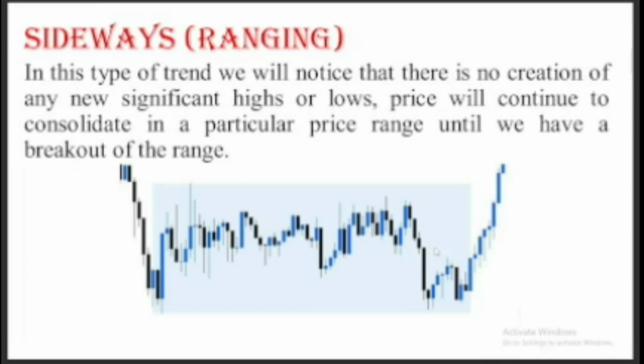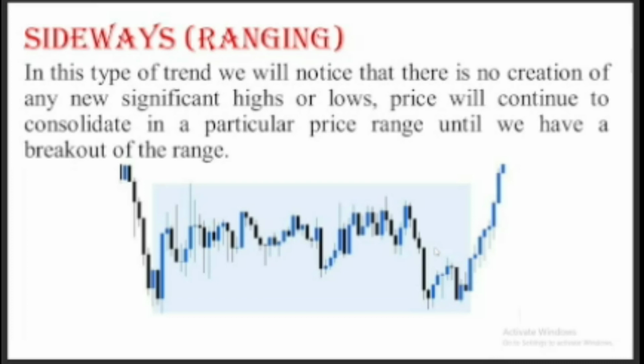But in a ranging trend, you will see that price will only be moving in a particular range. You won't be seeing any new highs forming, neither will you see any new lows forming. So this is a period of consolidation, and in this period, most of the time it is hard to trade. So it is advisable that you should stay out during this period.